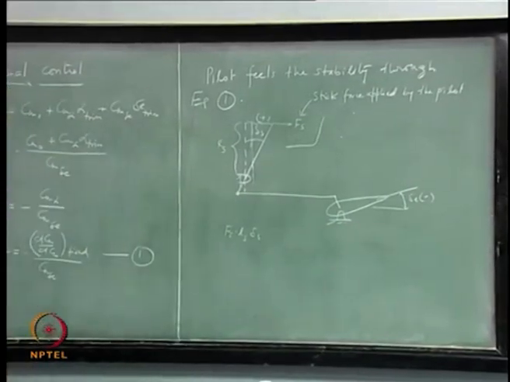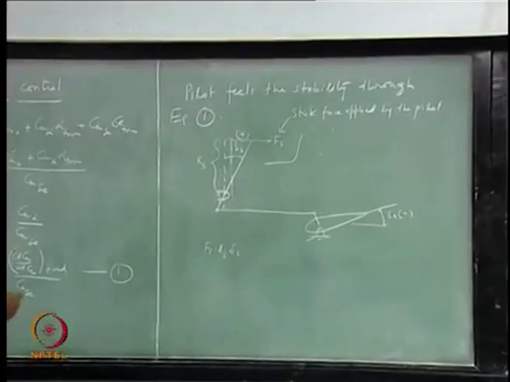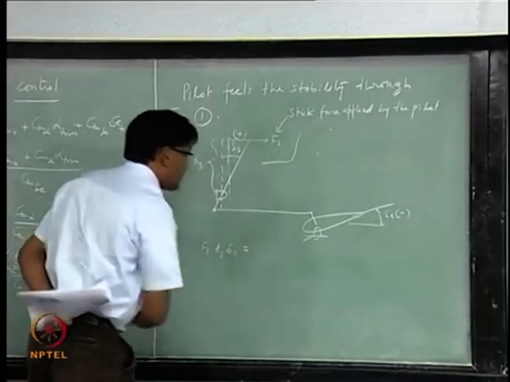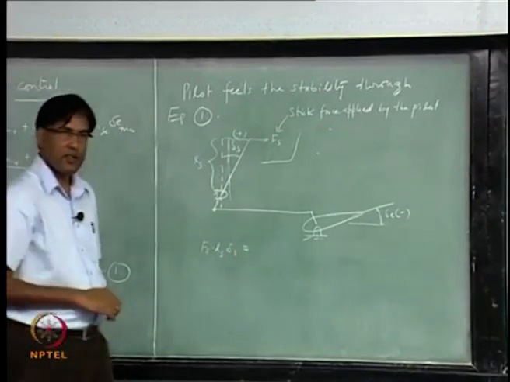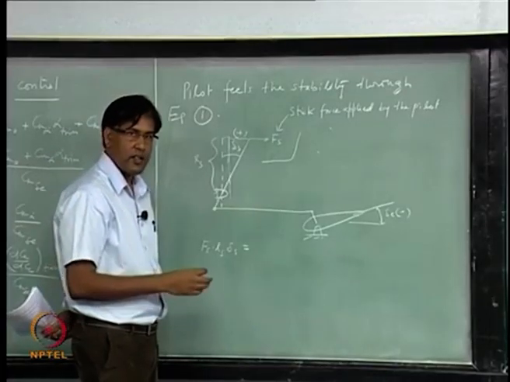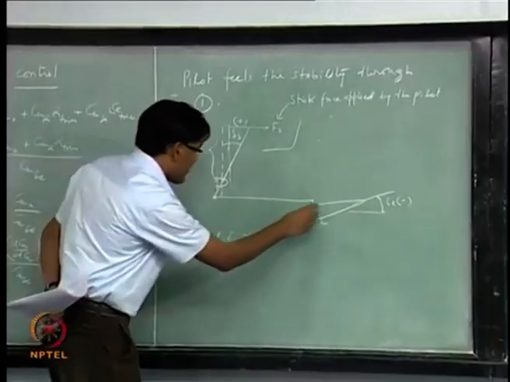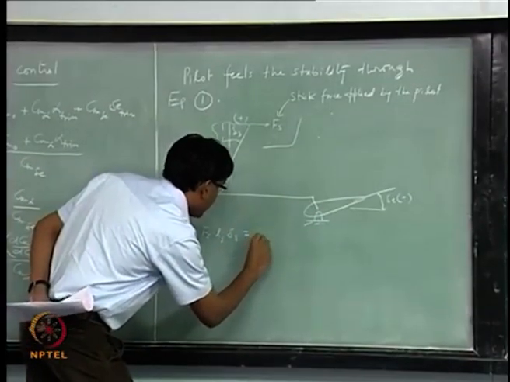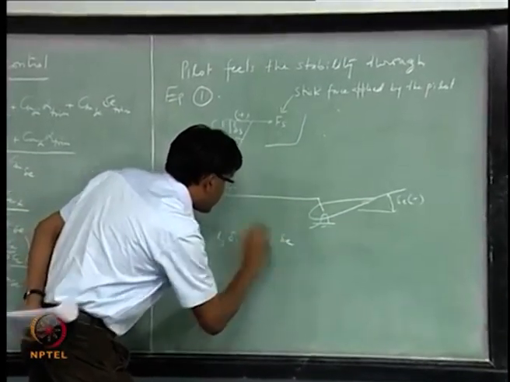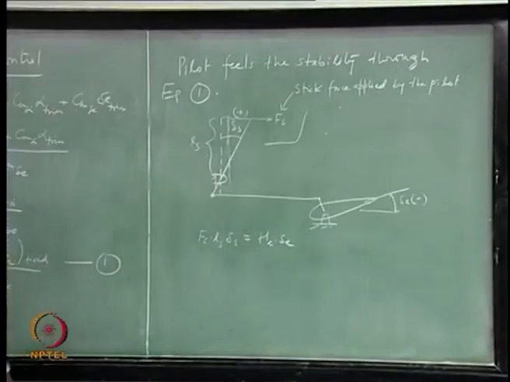Delta S is a small angle, and that has to be equal to the work that has to be done by this, which is H_E into delta E, right.